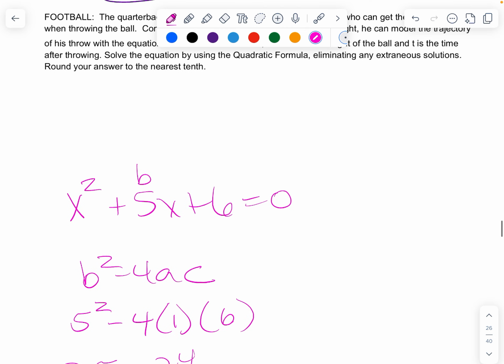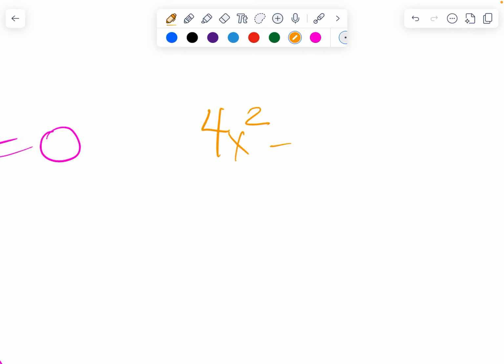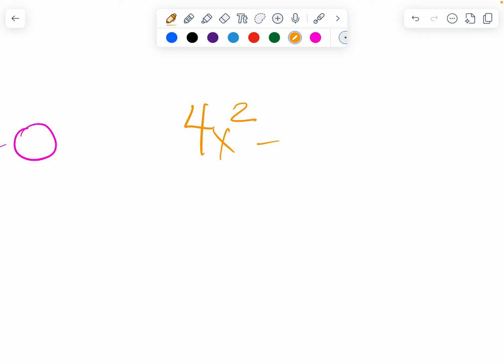And then I'm going to do, I don't know, 4x squared minus 9 equals 0. My a value is 4, my b value is 0, my c value is negative 9.